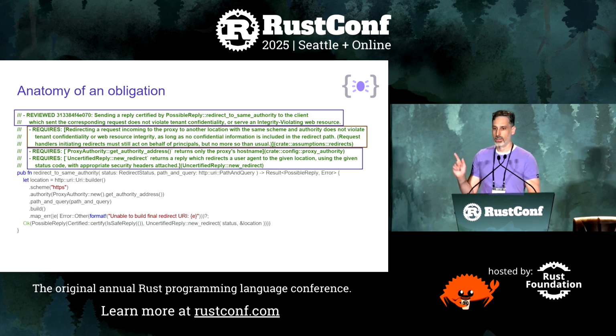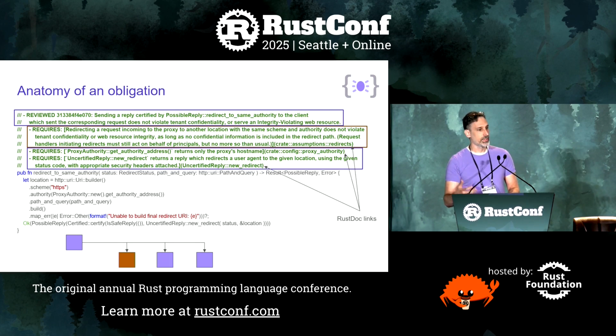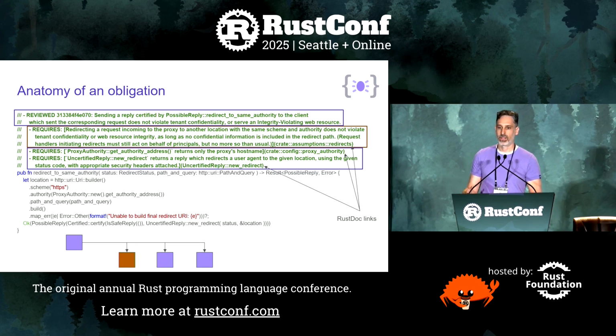And you'll note that the assumption and the other obligations are all Rustdoc links. What this means is we can leverage some of the tooling that's available in Rust to build a directed graph of our proof. And by verifying the structure of this graph and parts of this graph, we can get more confidence about the overall integrity of our argument.